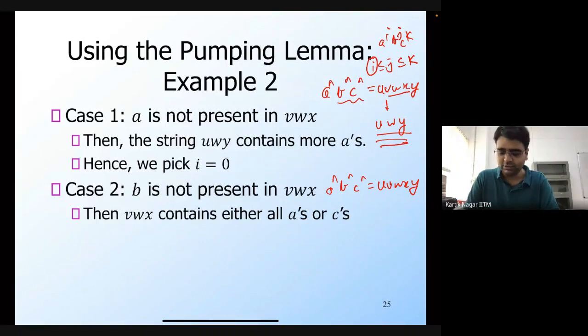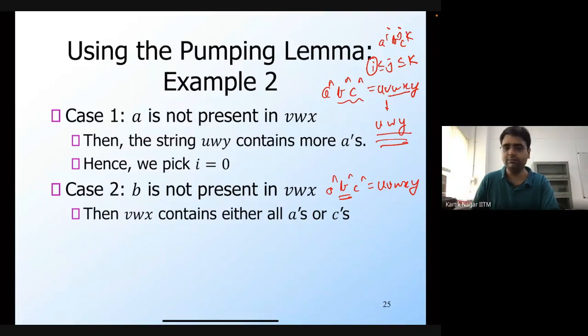Here I can't pick i equal to 0, because I cannot touch the n b's here, and vx only contains a's. If I pump down, I'm only decreasing the number of a's, which is not really useful to me, because that string will still be in the language.